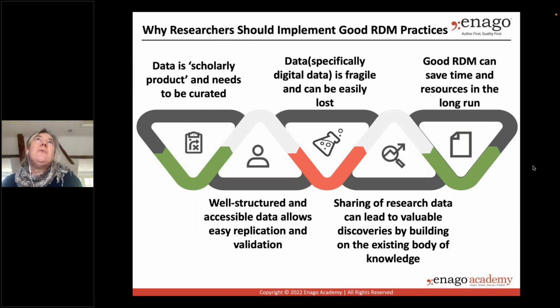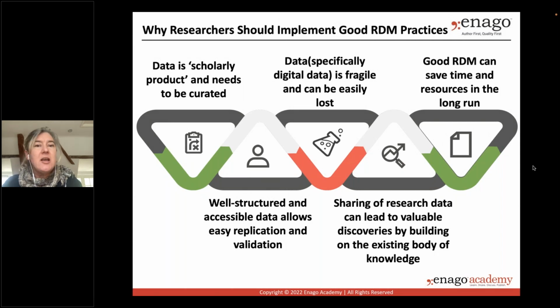So if you like, that was a bit about why institutions and funders and the general public may want good research data management practice, but more specifically or more pertinently or immediately to researchers, data are scholarly outputs.